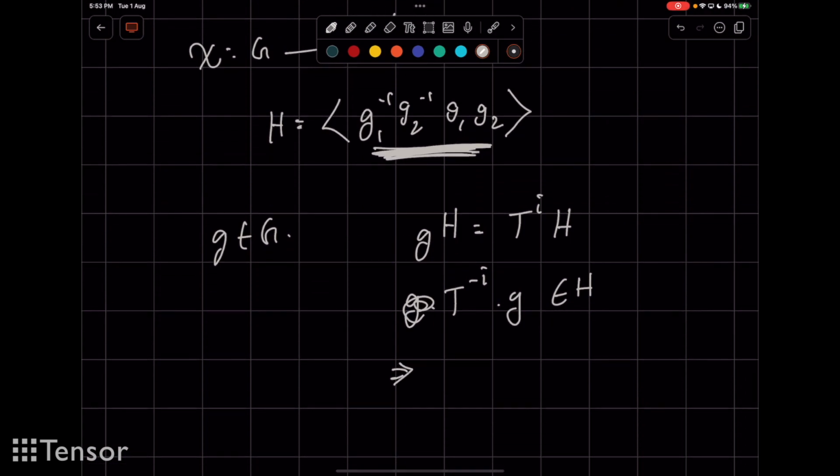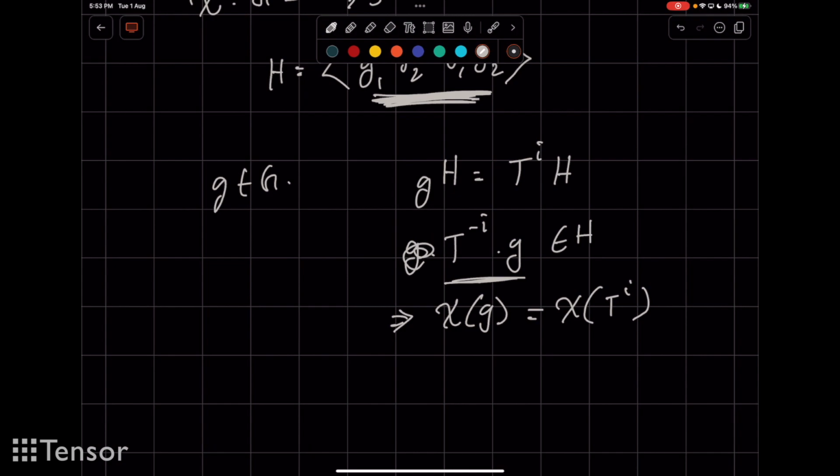So therefore, chi of g equals chi of t to the i, because chi of this product is 1. So that means if we take any element from the group, the only thing that matters is which coset it is in.